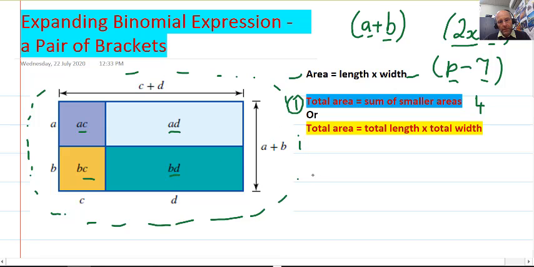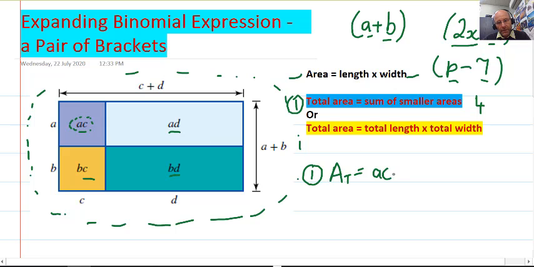Let's do that. So the total area, I'll just call that A for area and little t meaning total. Now, luckily, this diagram's already worked out the smaller areas for us. The first one, in this sort of violet blue color, is A times C, or AC.